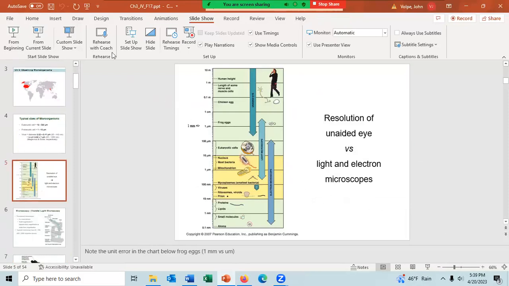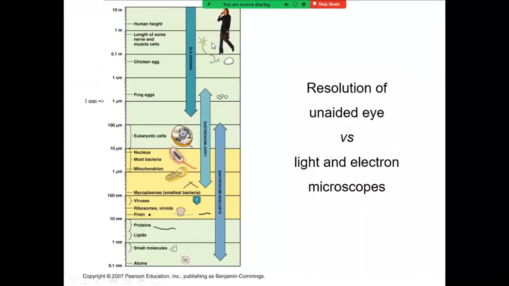This slide is showing you the characteristic sizes of things. So humans, one of the bigger organisms, biggest thing you probably see that's alive. Chicken egg right there, which is less than a meter, but greater than a centimeter. Frog eggs, about the smallest thing we can see with our eyes.